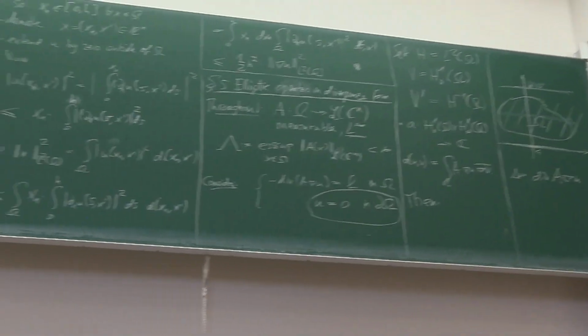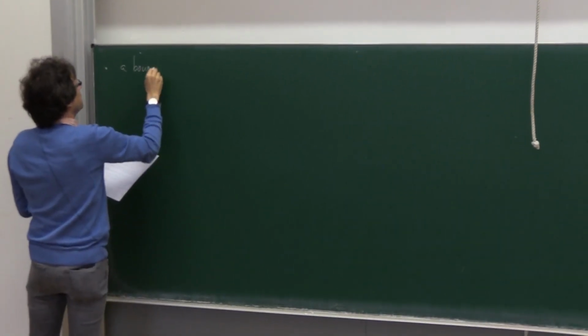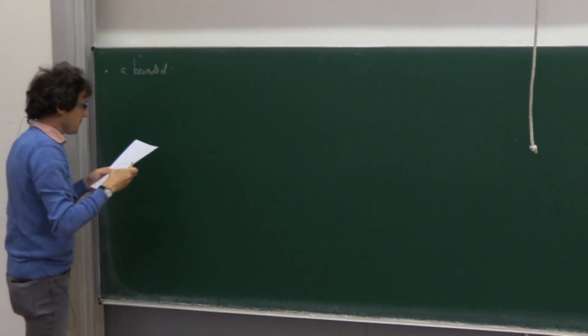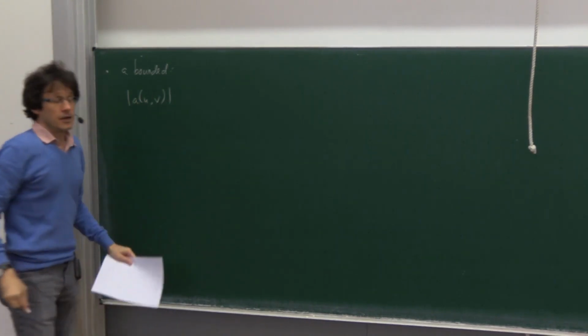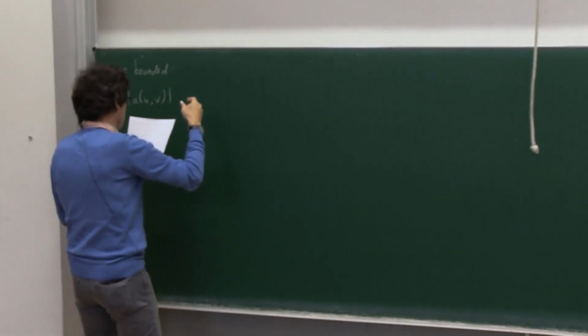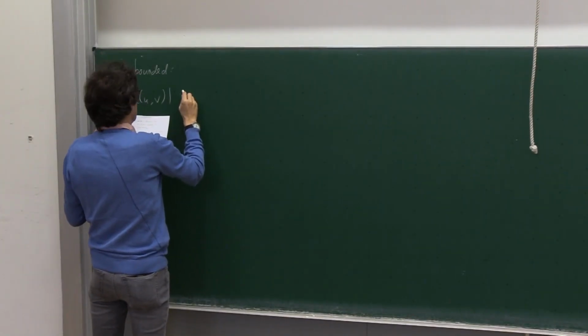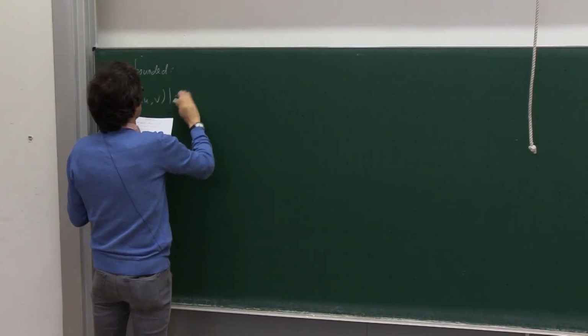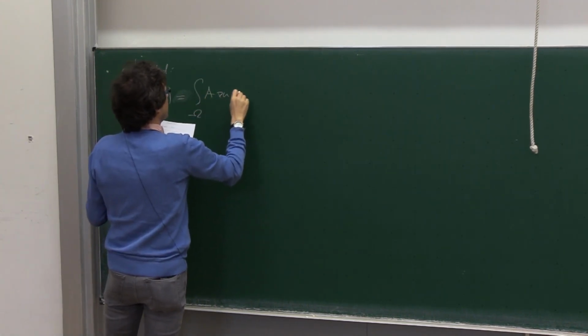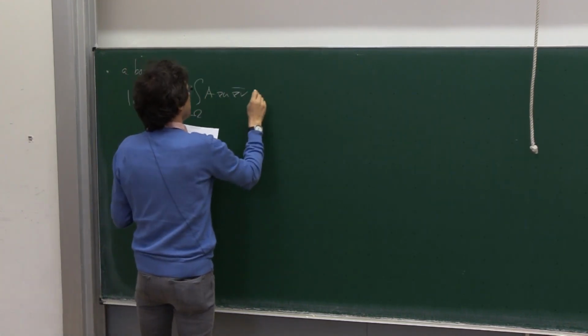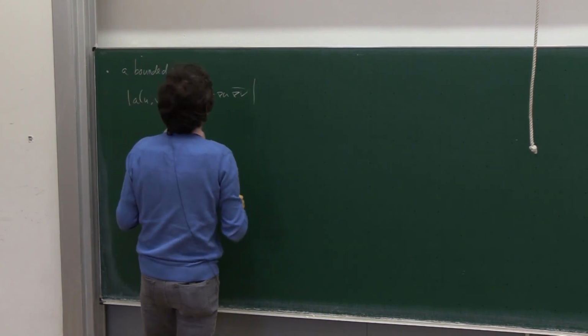So first I claim this form is bounded. What do we have to do? We have to look at A(u,v), and we have to bound it by the norms of u and v. But that is what I just told you. This is the integral over omega of A gradient u gradient v bar, but in modulus.